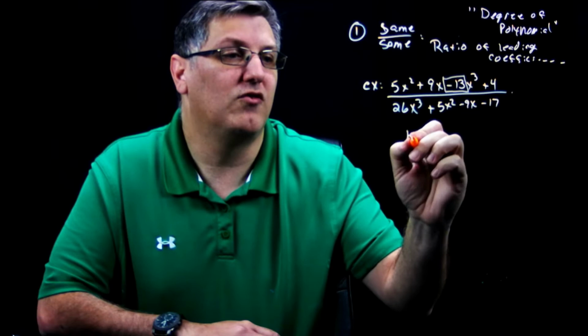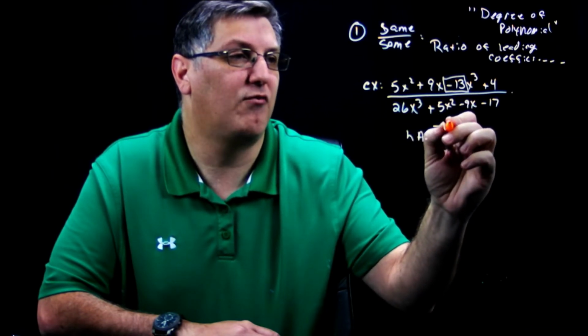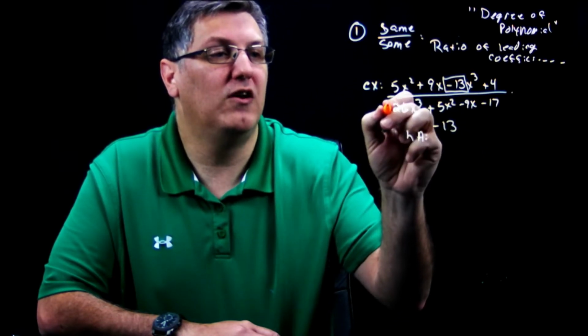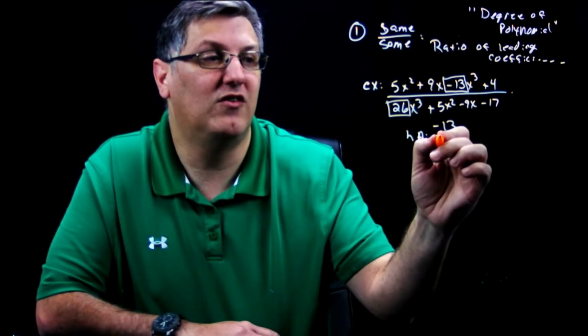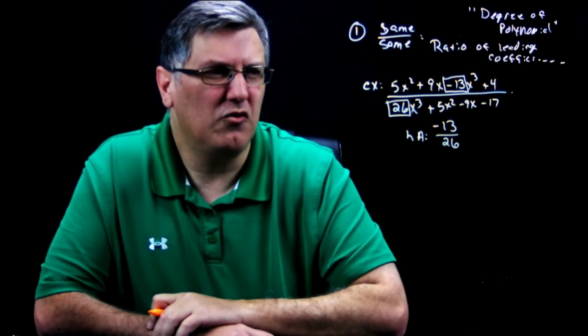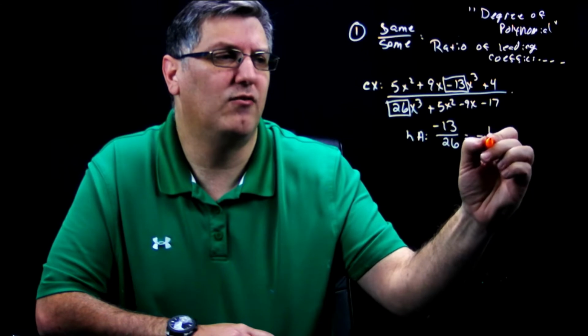So my horizontal asymptote, let's look at the ratios right off the bat. I've got a negative 13, my leading coefficient, over the leading coefficient of the x cubed term, number and sign, which is a positive 26. So what this tells me, when I reduce this fraction, I've got a negative 1/2.